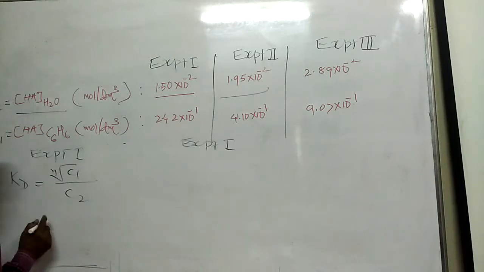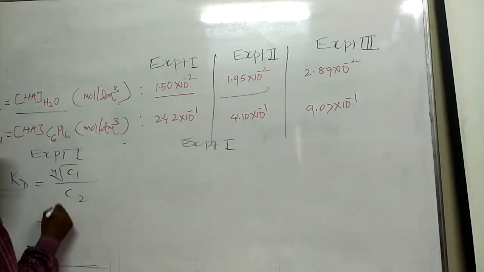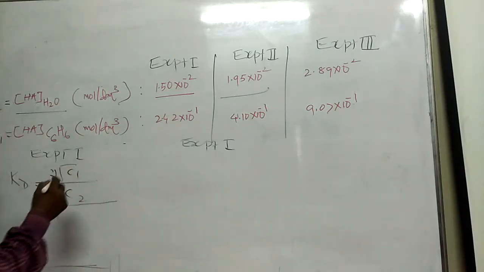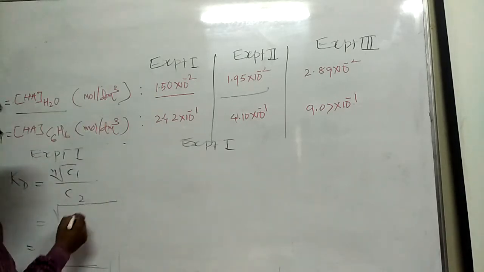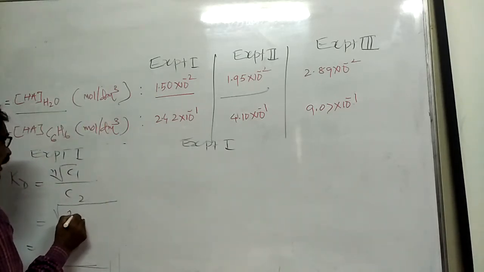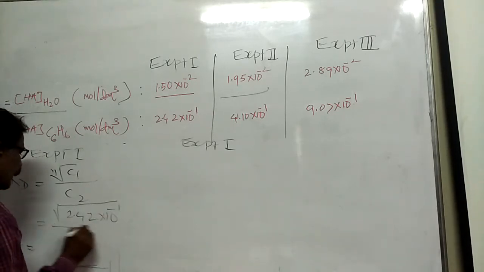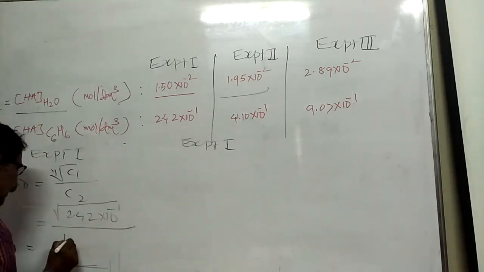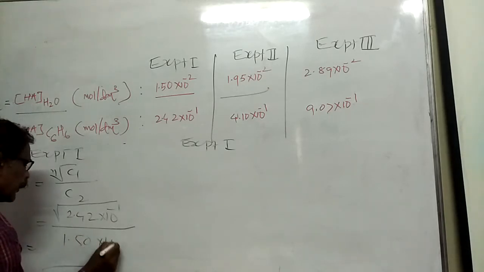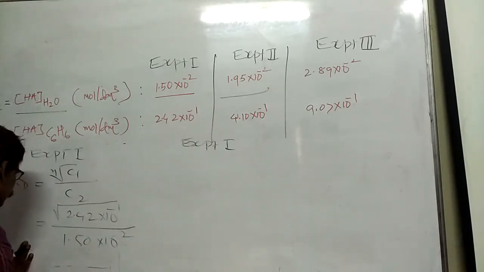So the numerical values: 2.42 into 10 to the power minus 1 upon 1.50 into 10 to the power minus 2.